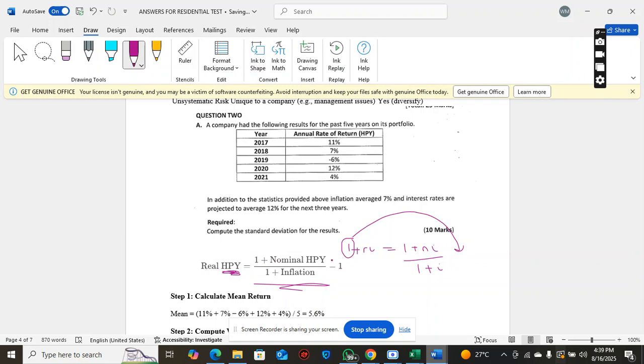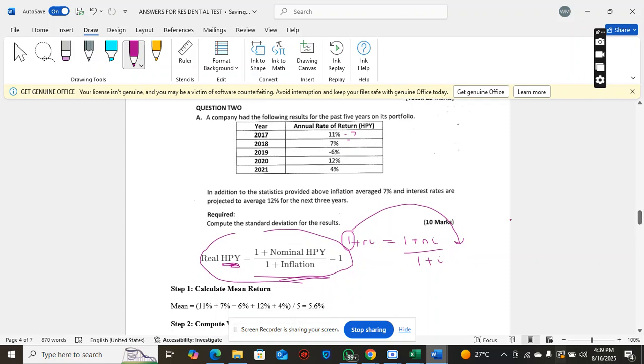If you forget this formula in the exam, you can simply subtract the inflation rate, just minus 7. But this one will give you a more accurate value. So first things first, we need to adjust our returns.